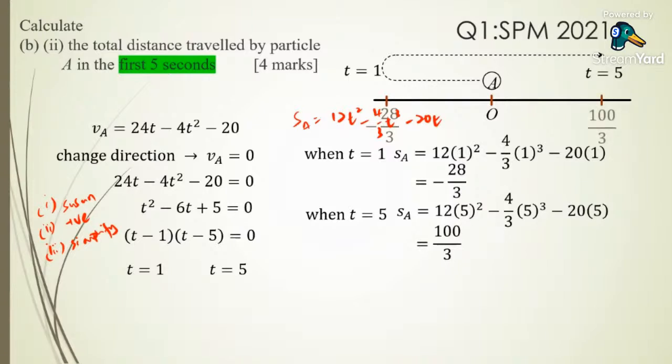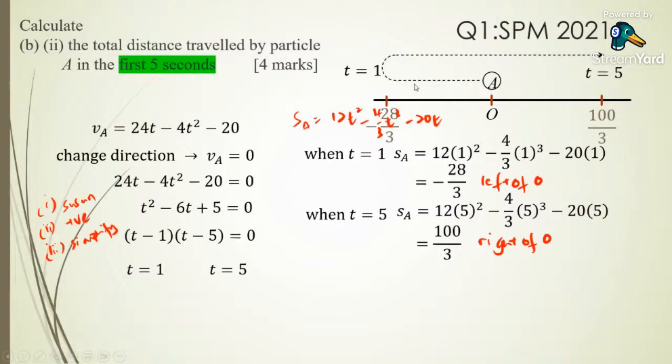Okay, so kita kena faham what does it mean by negative displacement and then positive displacement. Kalau negative displacement, it means it's on the left of O. Kalau kita kata negatif, maksud dia ialah left of O. Kalau positif, right of O. So tu sebabnya this particle dia gerak ke kiri dulu.